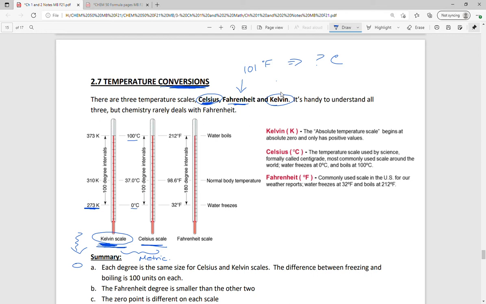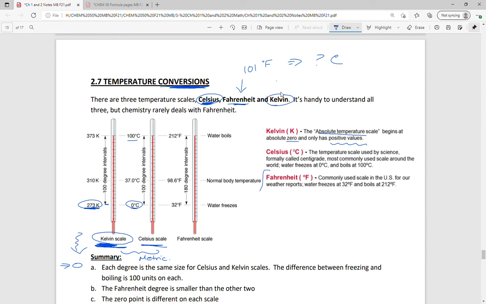It's if we could get something so cold that we stop all atomic or molecular movement. It's almost impossible to imagine. So it's the absolute temperature scale. It begins at absolute 0 and has only positive values. It's offset by 273 degrees Kelvin because the degrees are equivalent. So 0 degrees Celsius is 273 degrees Kelvin.